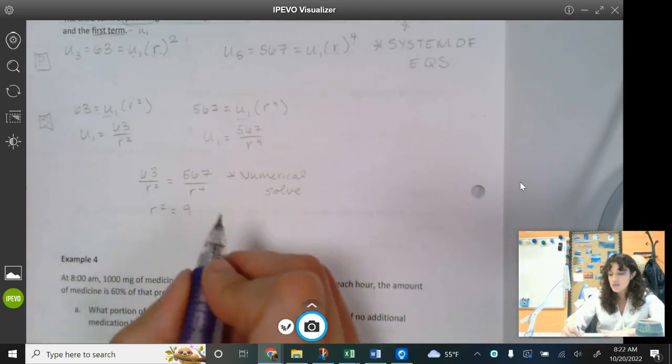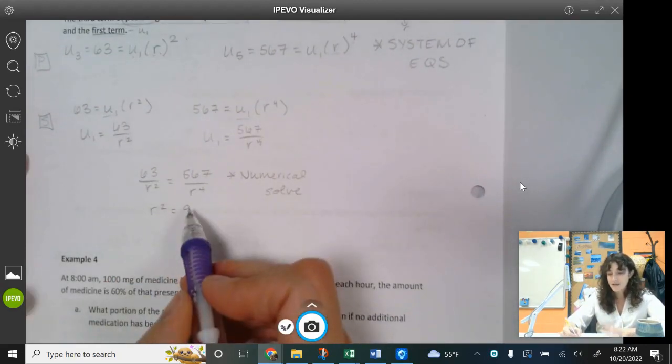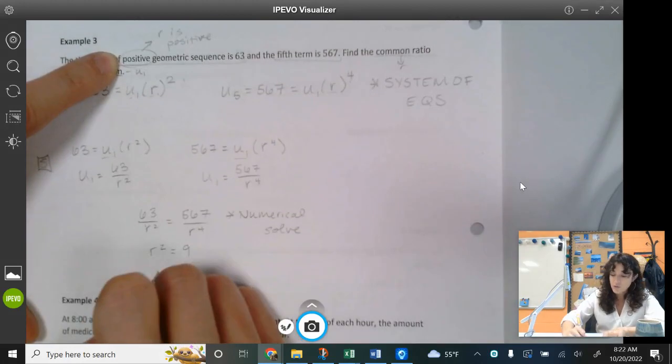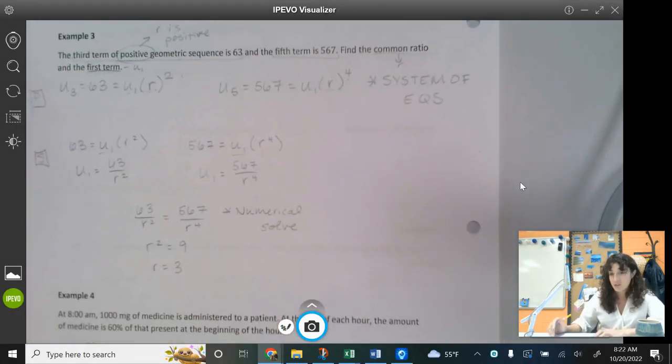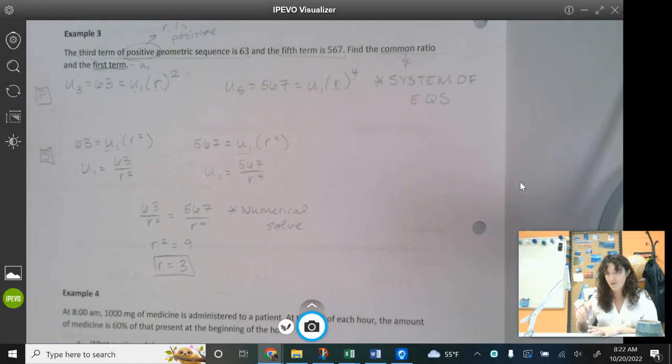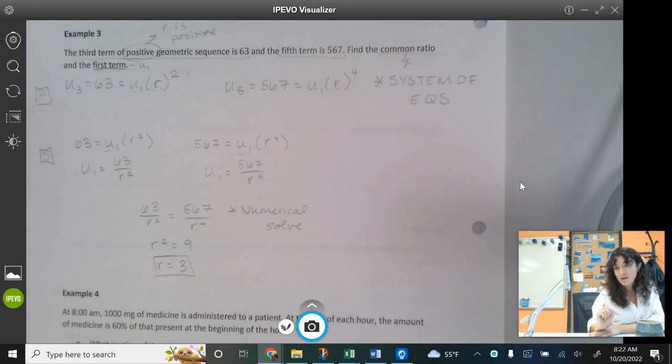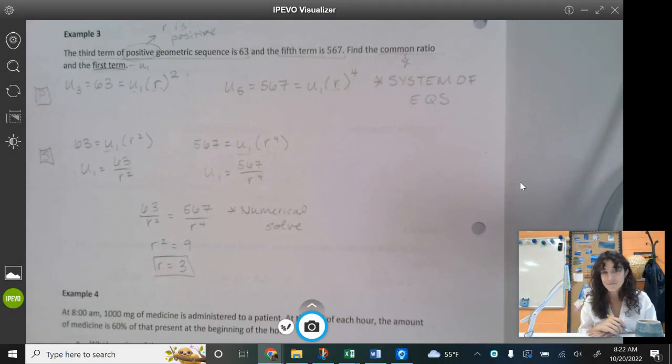But then you would take the square root of both sides and you get plus or minus 3. And this is why it was important that they said positive. If you did numerical solve, notice it just said, hey, it's 3. It only gave you one value. The danger of numerical solve, but typically in this class, if you do use numerical solve, it'll kind of work out that way nicely.